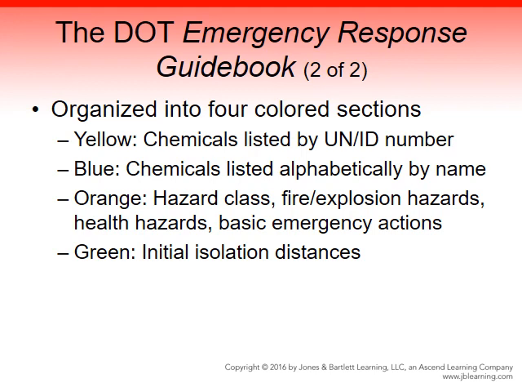Now, if that chemical is highlighted in green, then you need to flip, from the blue or yellow section to the green section in the back to the corresponding ID number and read the particulars, because this is a very toxic substance and probably requires higher isolation distances.